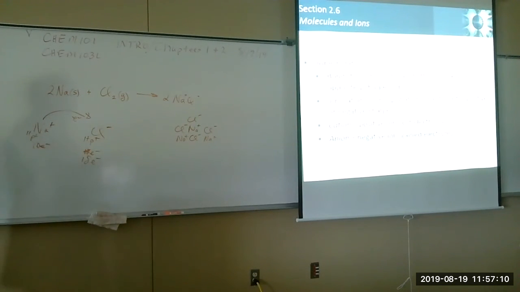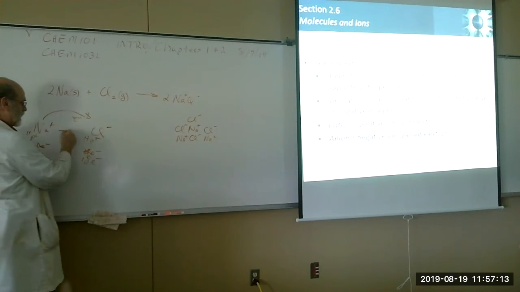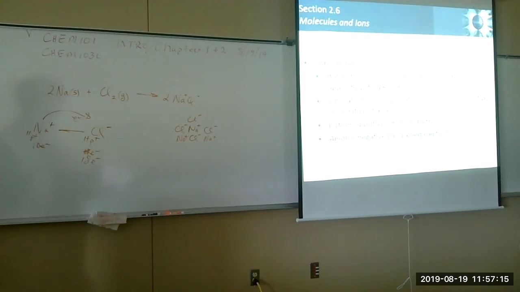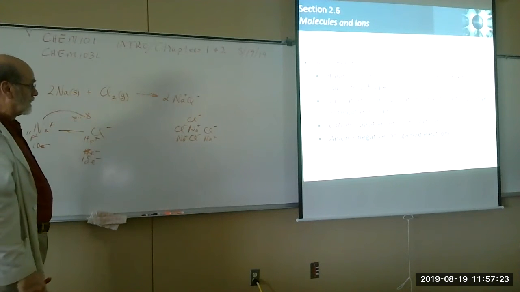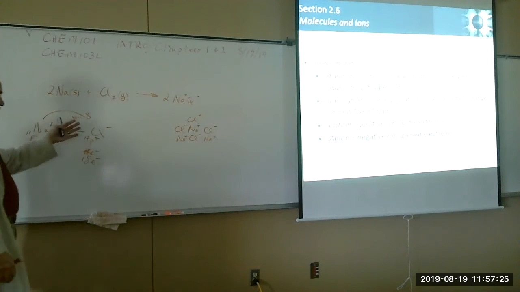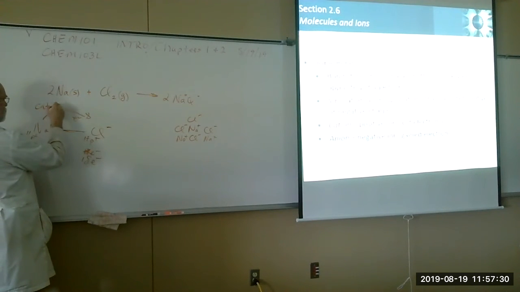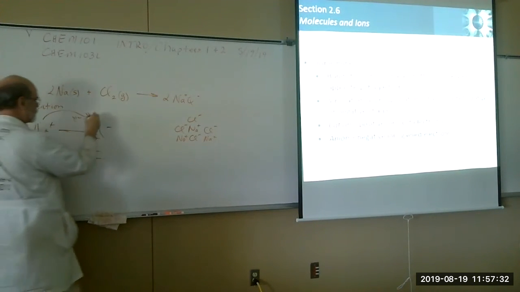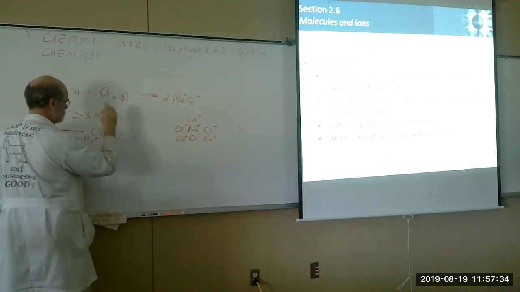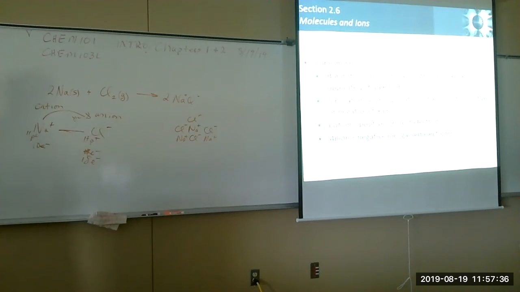Now that the transfer has been made, the electrostatic charge pulls them together. Okay, that's an ionic bond. Now we have special names. Right, these are ions, but the positive ones are called cations, and the negative ones are called anions. Okay, just have to memorize it.